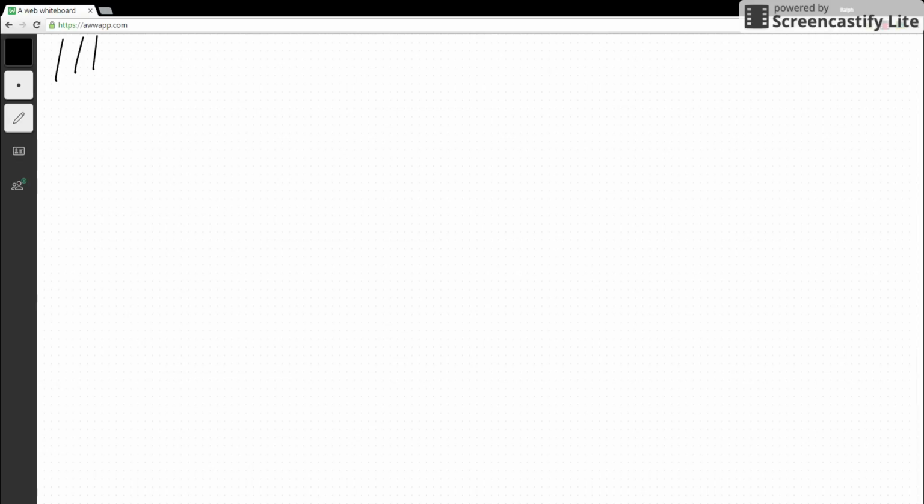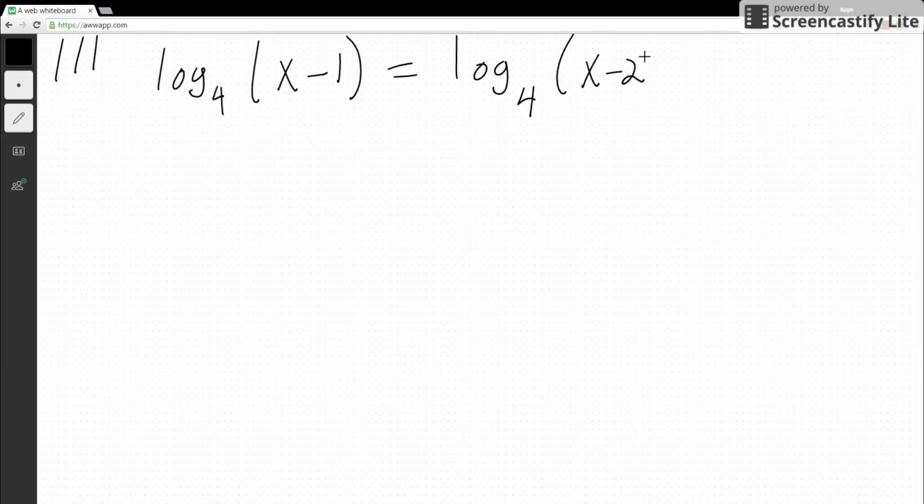All right, 111. I get ln base 4 of (x minus 1) equals log base 4 of (x minus 2) minus log base 4 of (x plus 2).